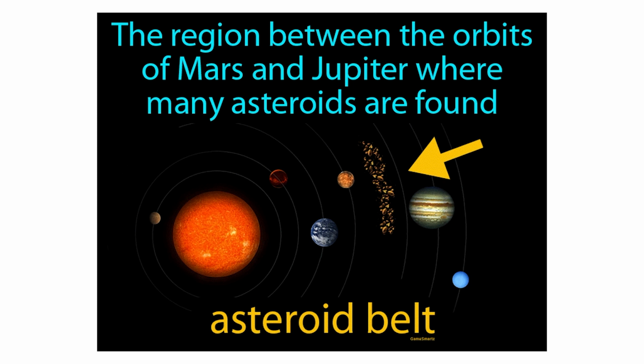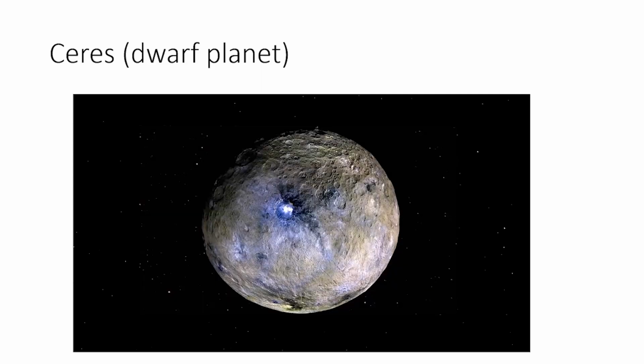So the region between the orbits of Mars and Jupiter where many asteroids are found is known as the asteroid belt. This is the largest asteroid called Ceres, and its equatorial radius is around 476 kilometers, and it is considered a dwarf planet.